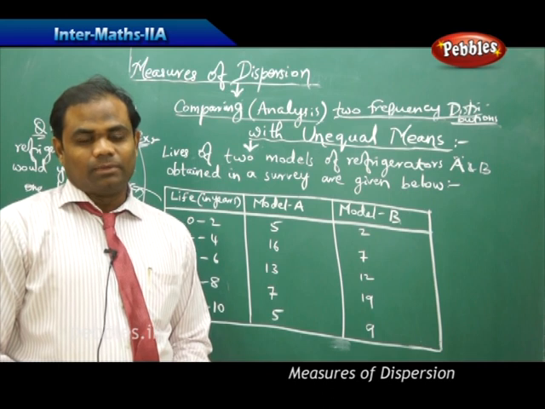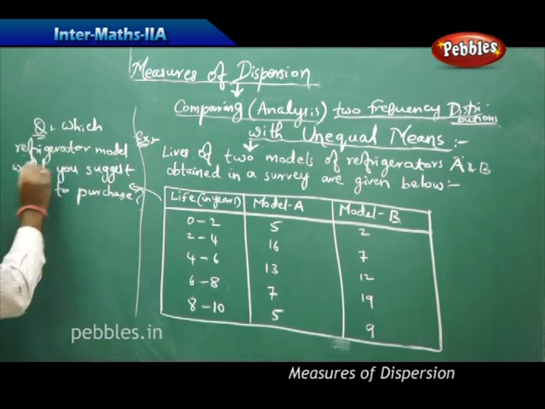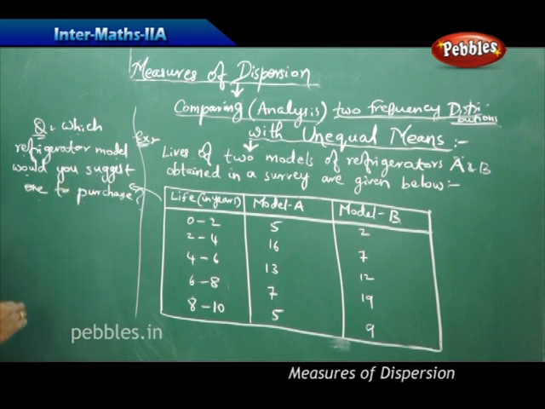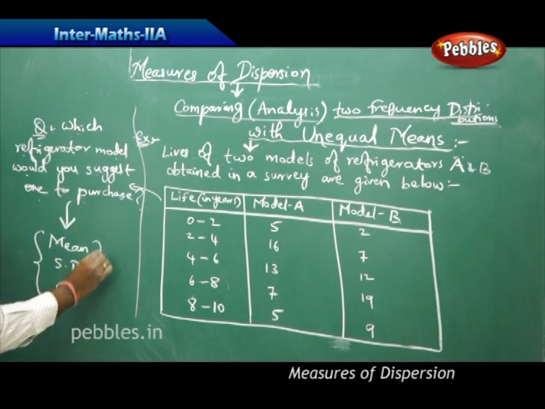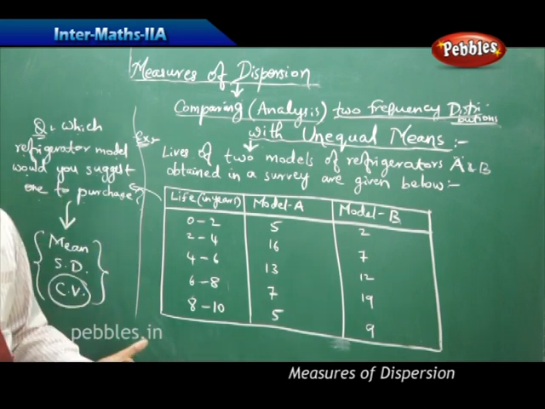These kinds of problems are generally based on the question: which refrigerator model would you suggest one to purchase? This is totally based on finding the mean, the standard deviation, and then the coefficient of variation, through which we can decide the best purchasing model.